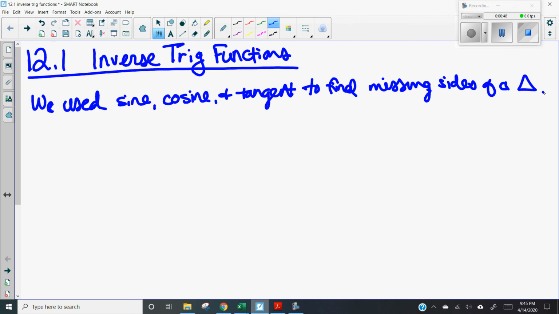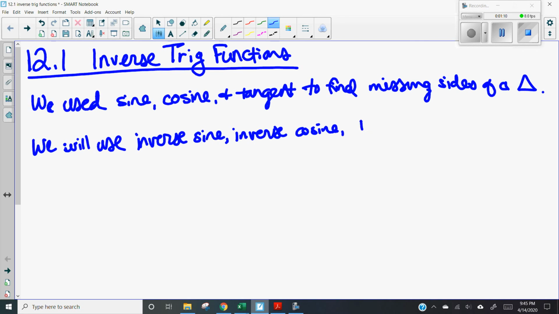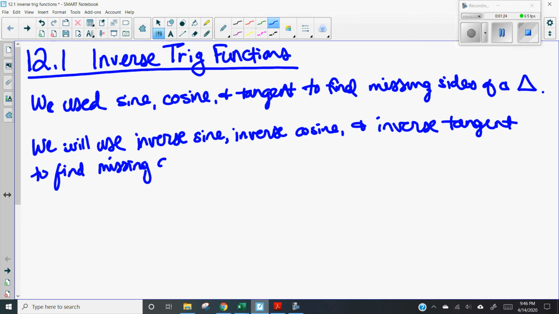Today we're going to learn how to find missing angle measures, and that's where the trig functions called the inverse trig functions come in. So we will use inverse sine, inverse cosine, and inverse tangent to find missing angles of a triangle.